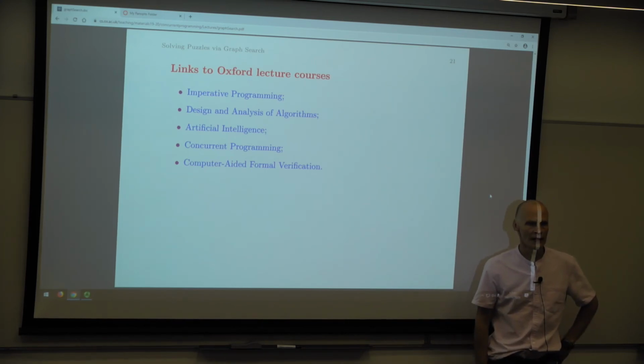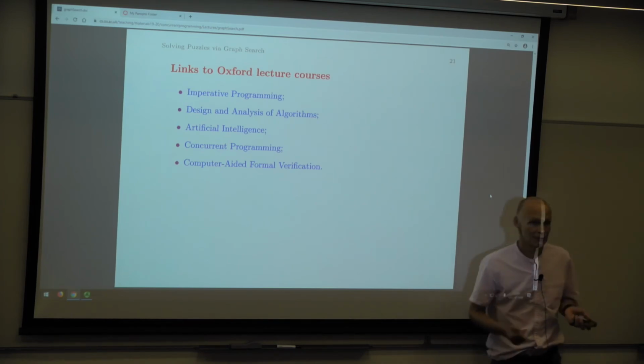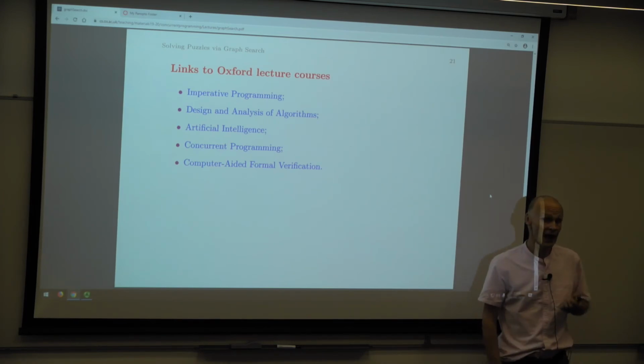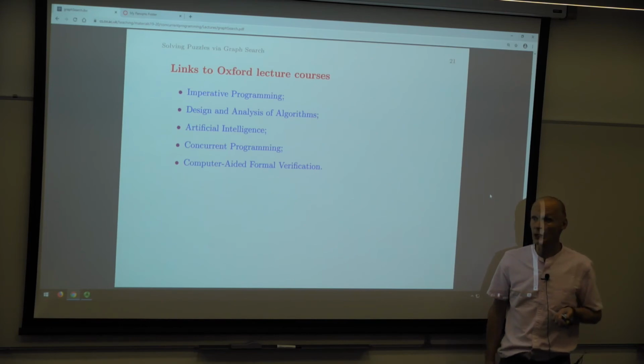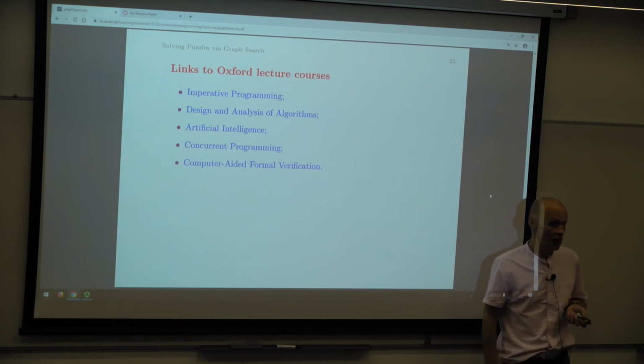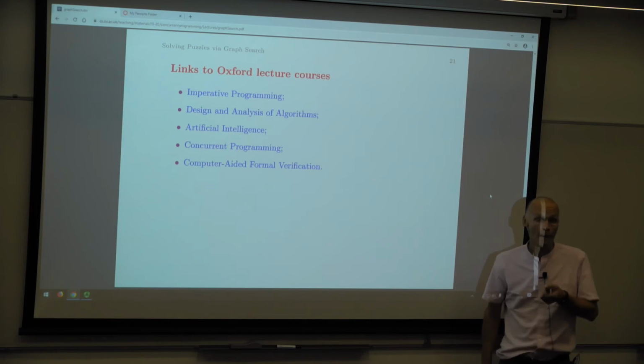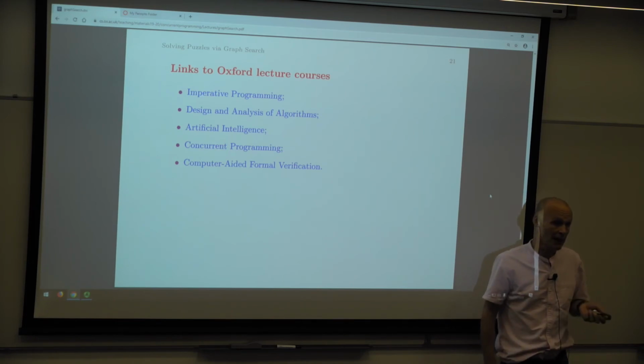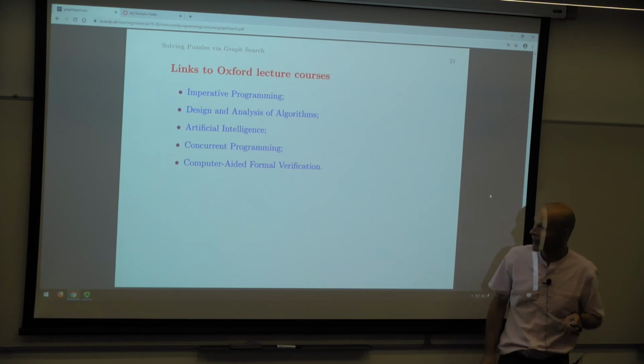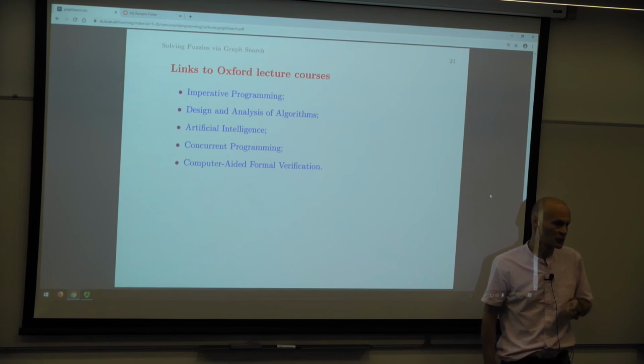This is our main first year programming course. That course studies very many different aspects of programming and in particular ways of reasoning about programs and coming up with correct programs. But one of the examples in that course is this idea of graph search in order to solve these puzzles. Actually, I took the two puzzles from the last time that I taught the course to put them into this talk.